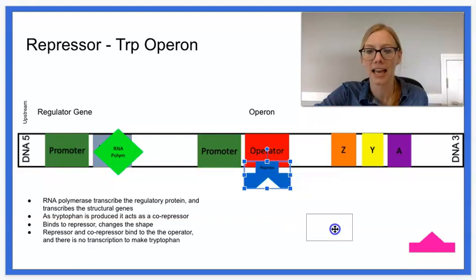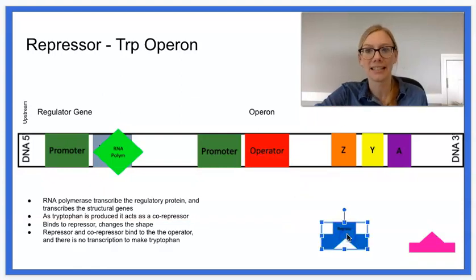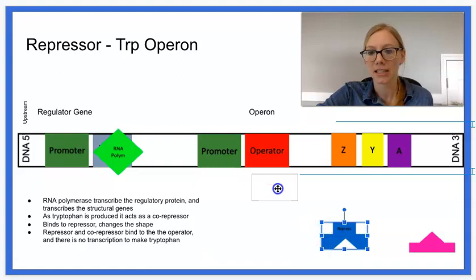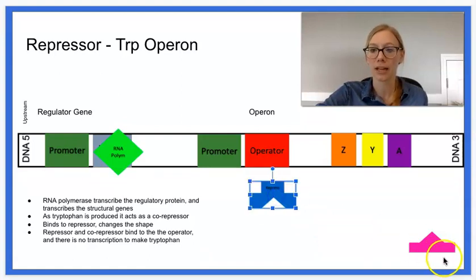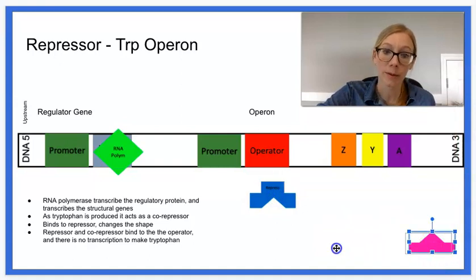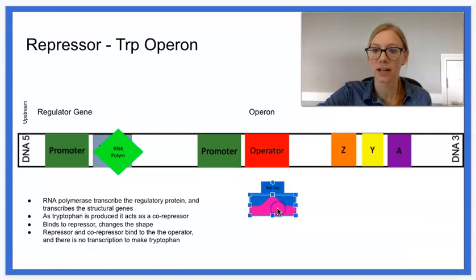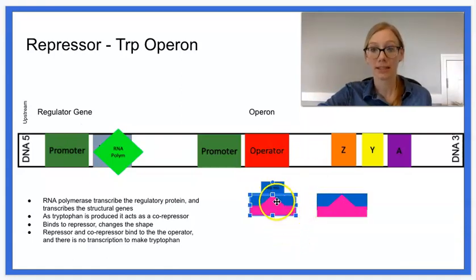It doesn't have the correct binding that I need in order for that to work. So I need what we call a co-repressor. My co-repressor will be made when I produce a lot of tryptophan. Here's my co-repressor, and they bond together. My repressor and my co-repressor, that's basically my tryptophan.